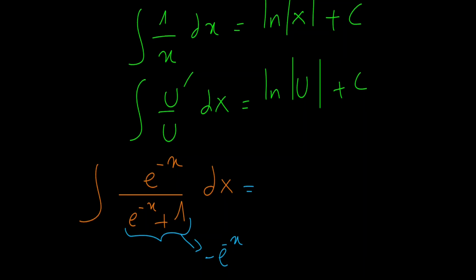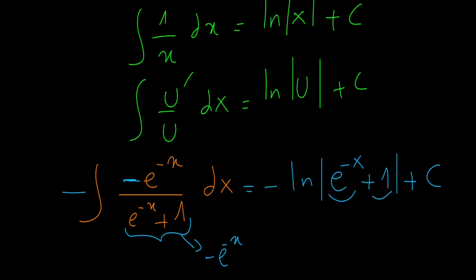Then we have to multiply by minus 1 two times to use the rule. Then the result of the indefinite integral is the logarithm of exponential of minus x plus 1 plus c. Here we can eliminate the absolute value symbol because exponential of minus x is positive and 1 is positive, so we can write the function without the absolute value symbol.